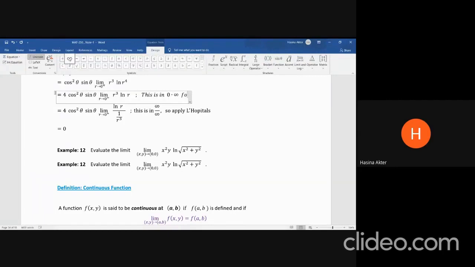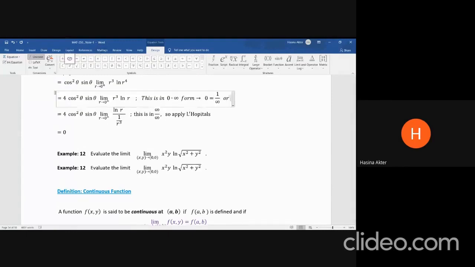If you want to write it in 0 by 0 or infinity by infinity form, then you either write 0 equals 1 by infinity, or infinity equals 1 by 0, to get it in 0 by 0 or infinity by infinity form.